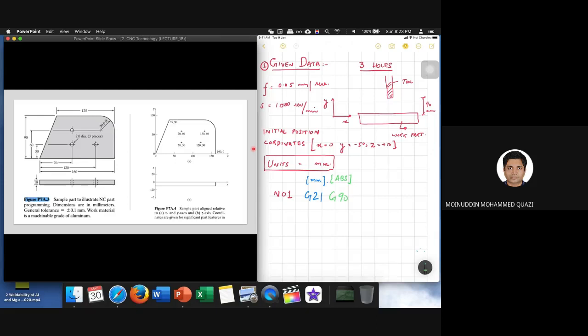To make the tool move, we need to give interpolation, whether it is going to move straight or in a circular path. So I want to give a movement order to the tool.